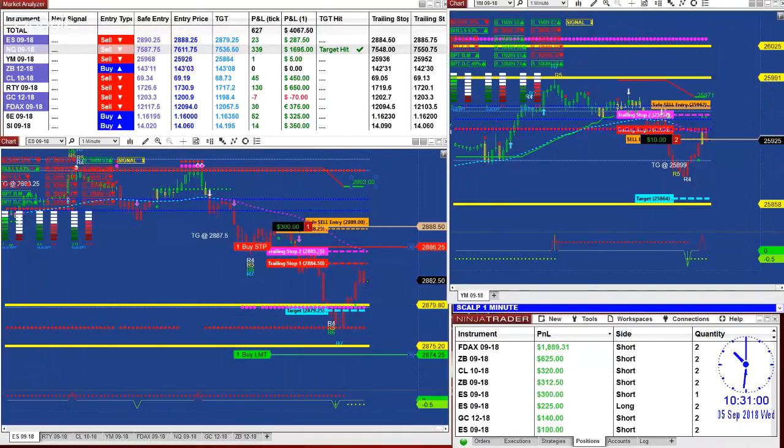So the difference between two traders who have the same entry but a different exit: one trader is going to walk away with $400, and one trader is going to walk away with $1,000 on the same automated trade and the same entry.